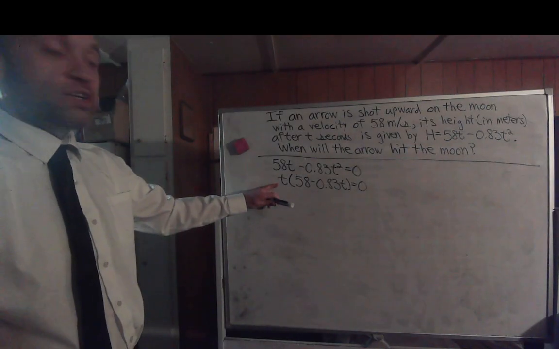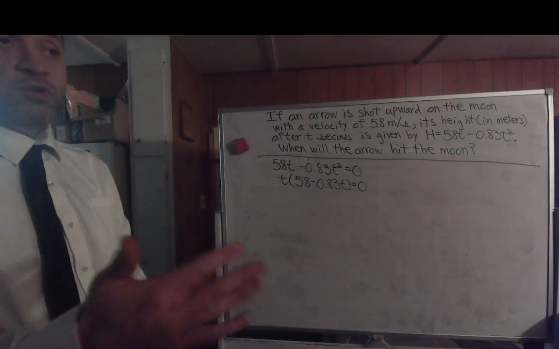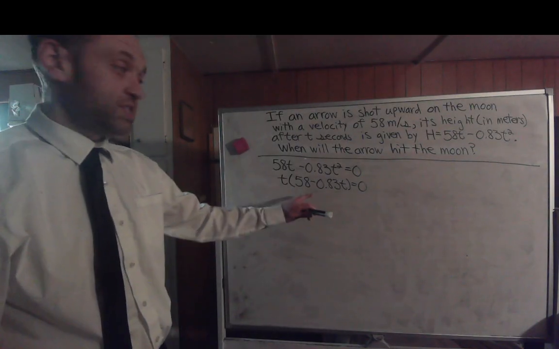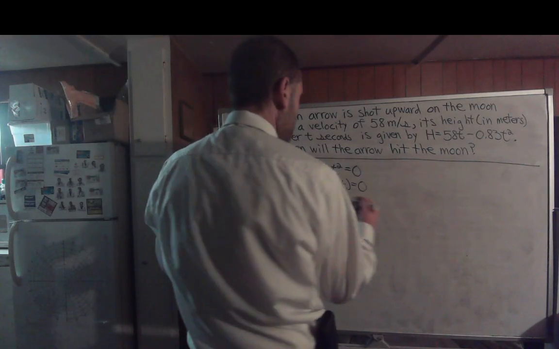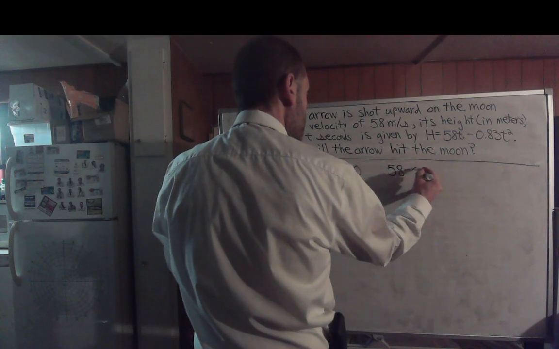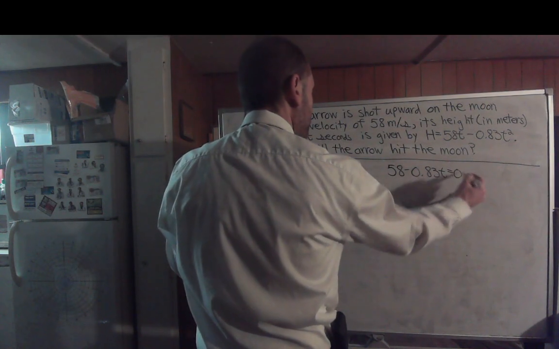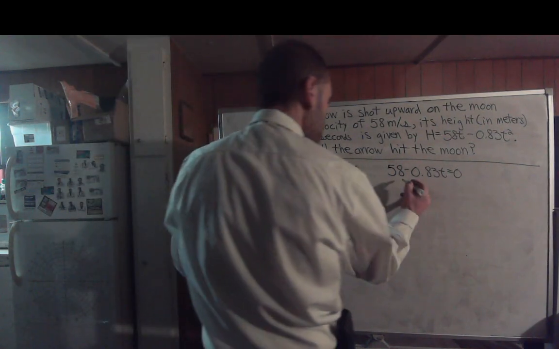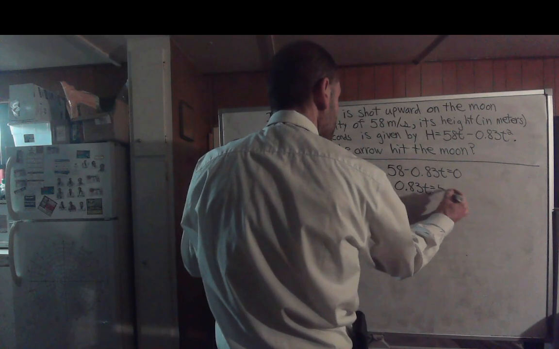So we're not even interested in that because at 0 seconds we know it's on the moon, right? We haven't launched the arrow yet. What we really are interested in is this 58 minus 0.83t. Set that equal to 0. That'll give us the time from when we launched it to when we get back to the moon. So 58 minus 0.83t equals 0, so 0.83t equals 58.